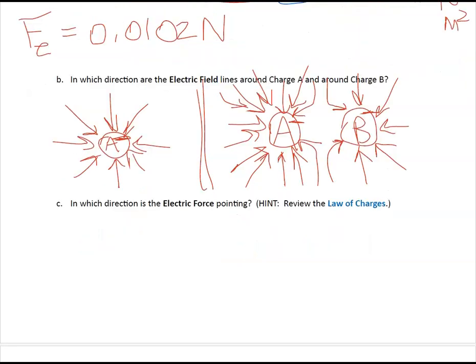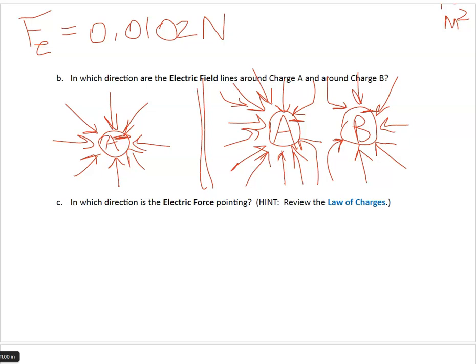So part C says, in which direction is the electric force pointing? Hint, review the law of charges. Well, the law of charges is what I mentioned at the very beginning of this problem, and that is that if you have two positive charges, they're going to repel. If you have two negative charges, they're going to repel.